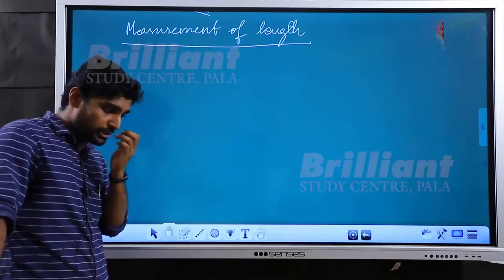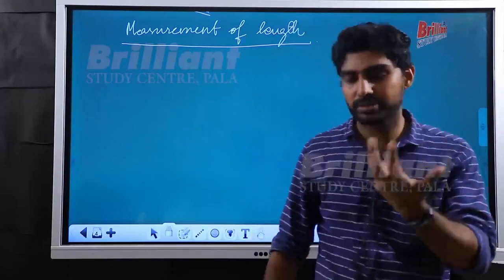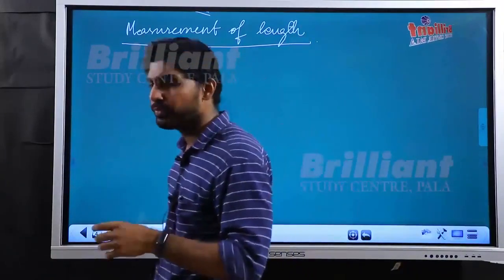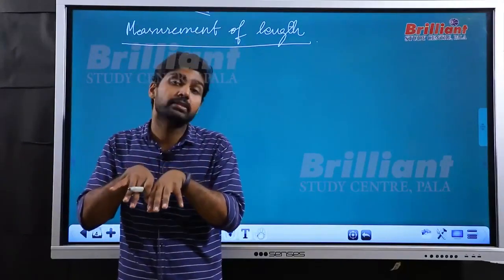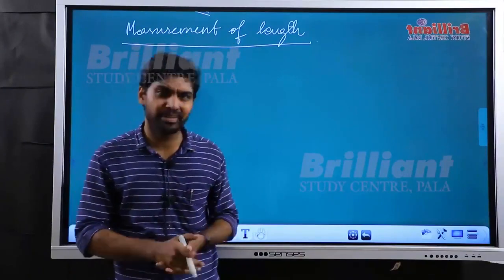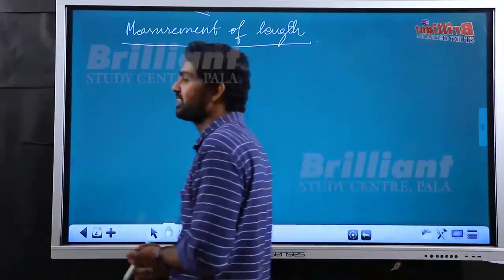Suppose we want to measure the length of a particular river. We'll use other methods to do that. Suppose we want to measure the distance from Earth to the sun. So can we directly do that using a measuring scale or a measuring tape or any measuring device that we have?